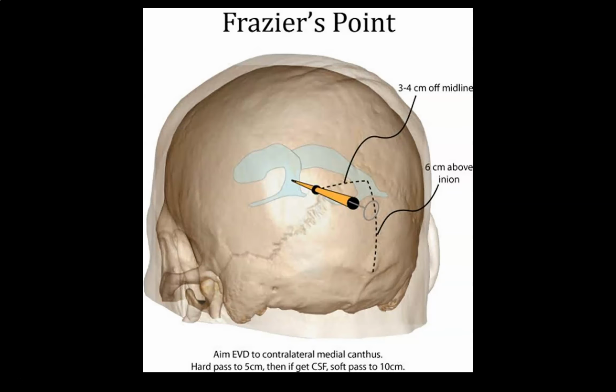And Frazier point is a posterior point. It is 6 centimeters above the inion and 3 to 4 centimeters off midline, because the posterior part of the ventricle is directed laterally, so it is not 2.5 to 3 centimeters, but it is 3 to 4 centimeters off the midline, 6 centimeters above the inion.